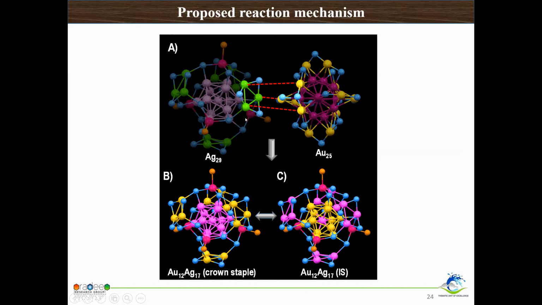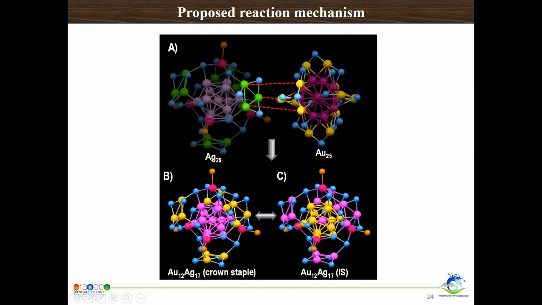As it is 12, we can see here there is an Au3SR3 staple. So via this staple, if it is interacting, then only 12 gold can be doped, and that inner metal atom can remain intact.